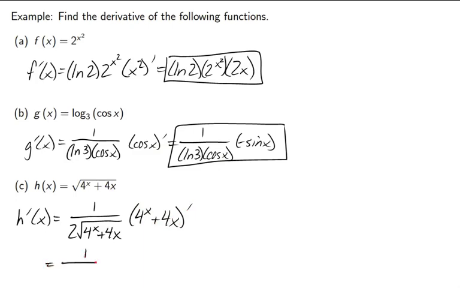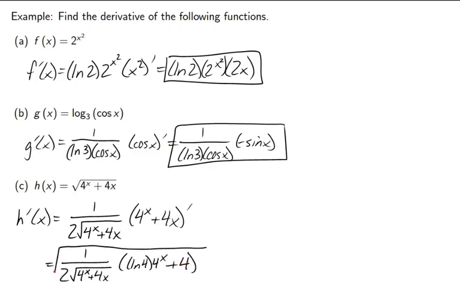So we get 1 over 2 square root of 4 to the x plus 4x. And the inside is, well, the derivative of 4 to the x is natural log of 4 times 4 to the x. And the derivative of 4x is just 4. So there's our setup for this one.